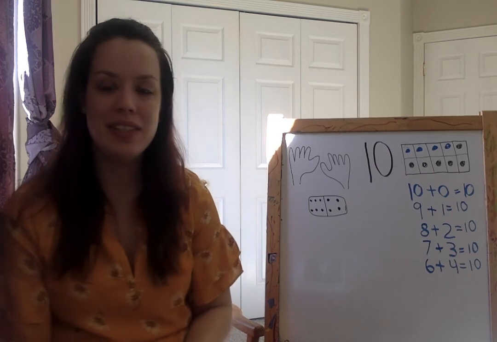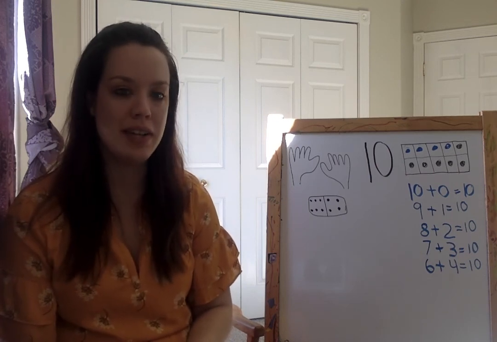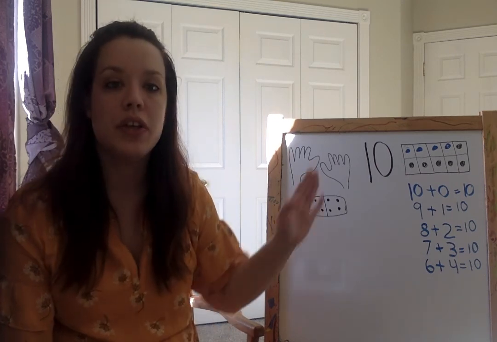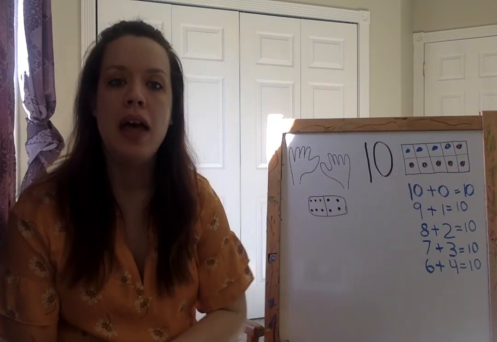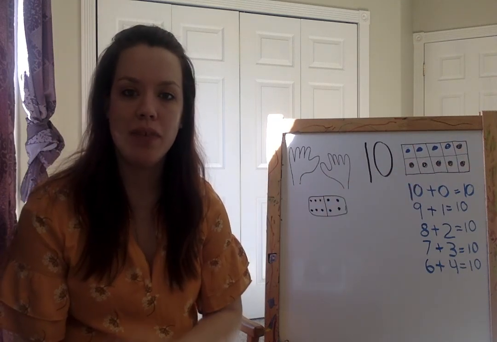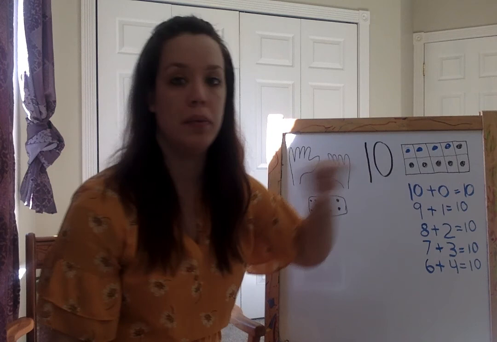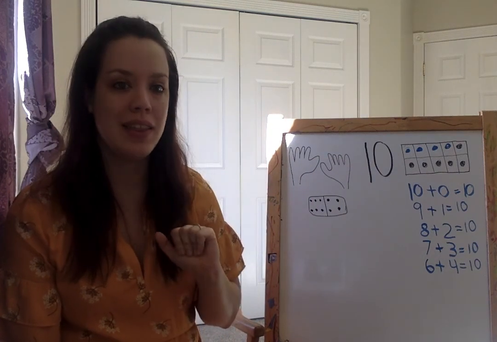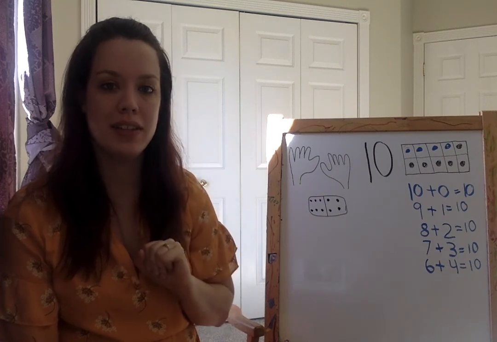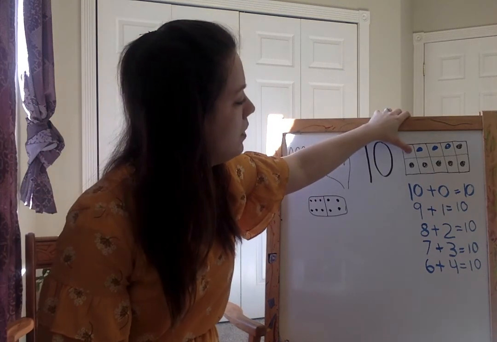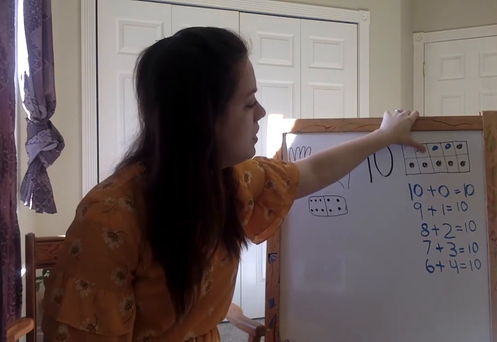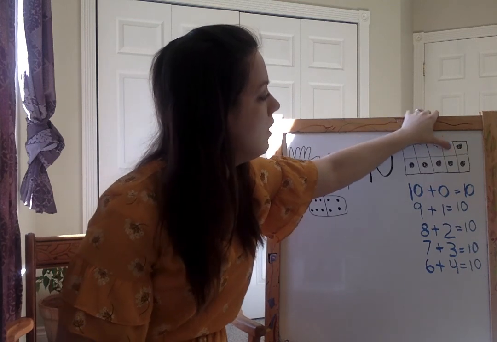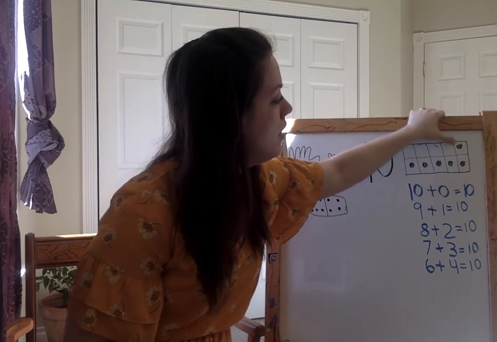All right, kindergartners, this is the last way we're going to make 10 today with our 10 frame. We're going to erase the whole top row. How many dots will we be taking out if we take the whole top row out? If you said 5, that's correct. There are 5 dots on the top of a 10 frame. Count with me. 1, 2, 3, 4, 5.